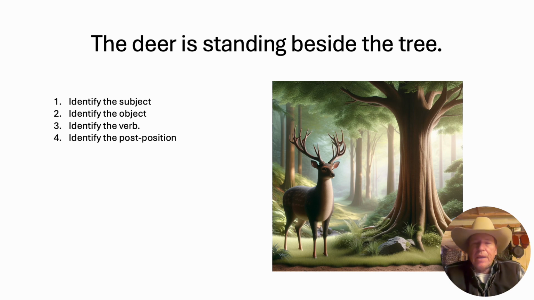We could say a deer is standing beside a tree, but right now we're focusing on using ki, the. So the first thing we have to do is identify the subject. What are we talking about? We want to identify the object, and we want to identify the verb. And then lastly, we want to identify the postposition.